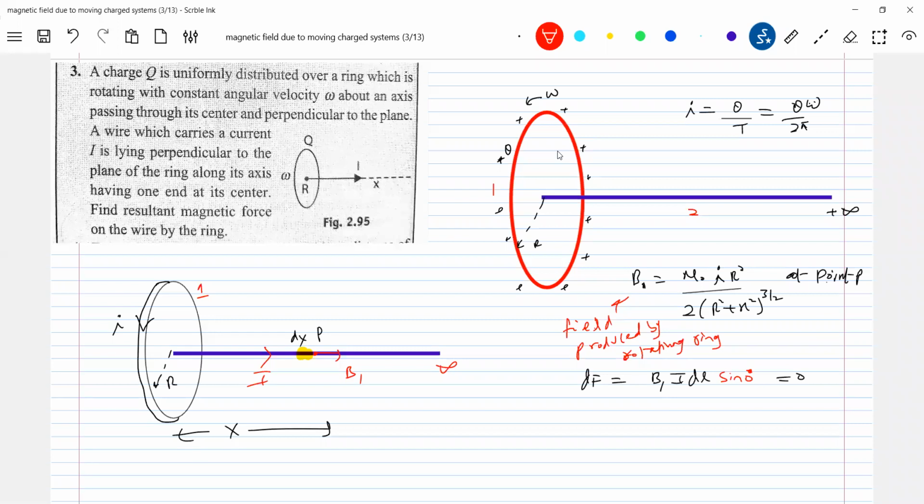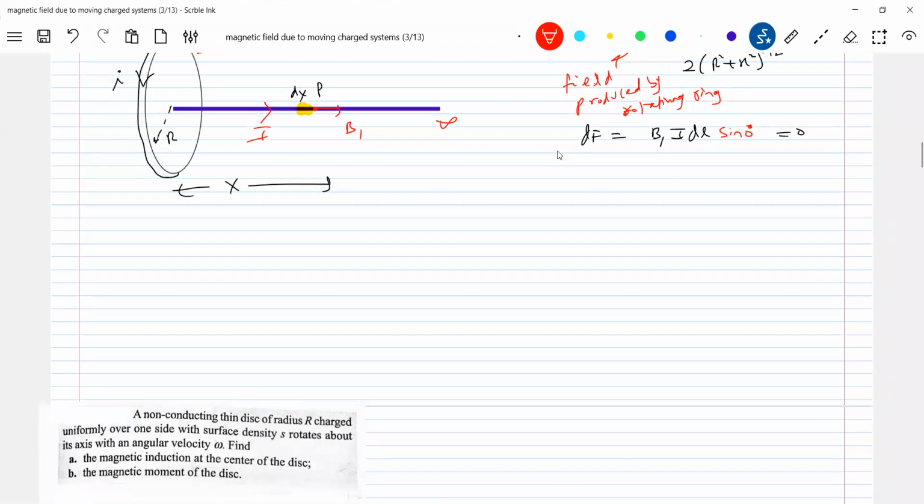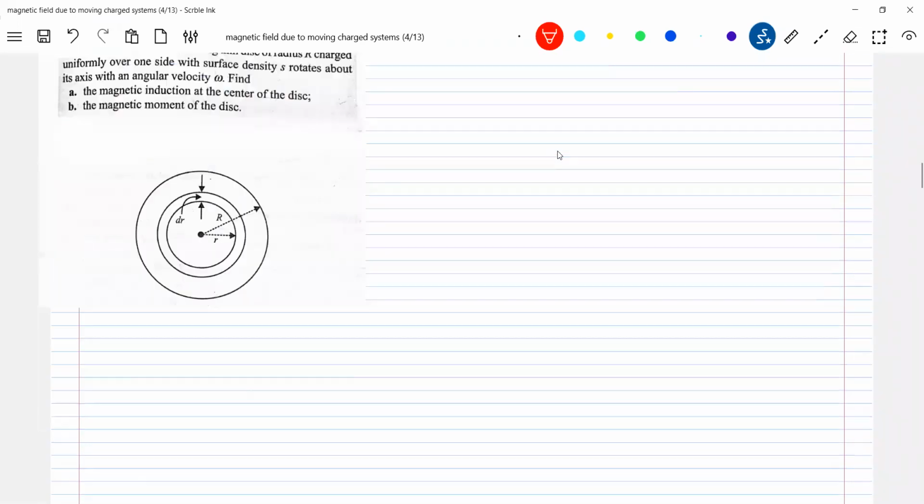Next we go for another rotating charged non-conducting object. This is a disk, supported with a diagram. What is the surface charge density of this? Let it be sigma. Sigma is the surface charge density. How much charge is present in this?